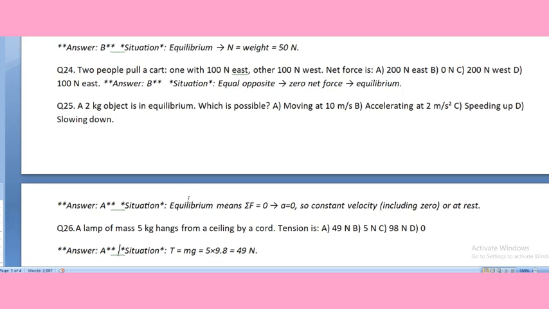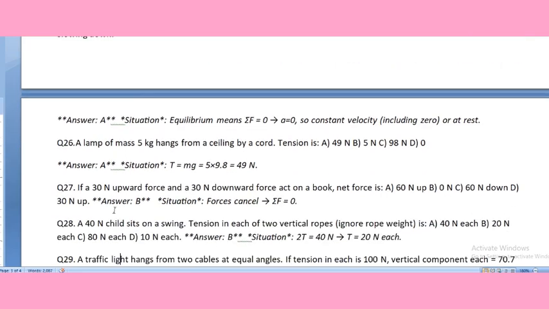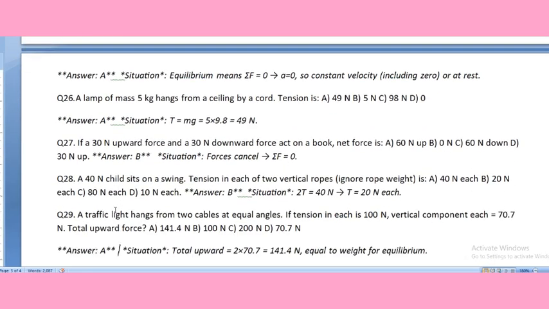Equilibrium means the total force exerted on the object is equal to 0, which means acceleration is equal to 0, and velocity is constant, including 0 or at rest. So the correct answer is A.